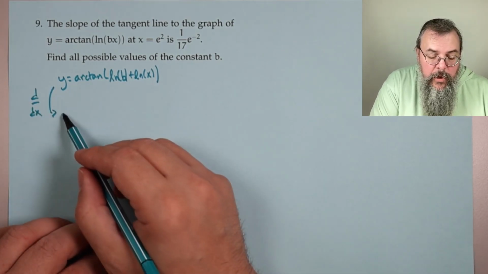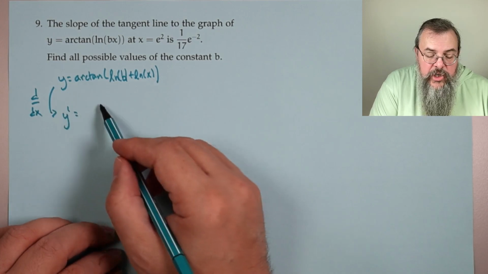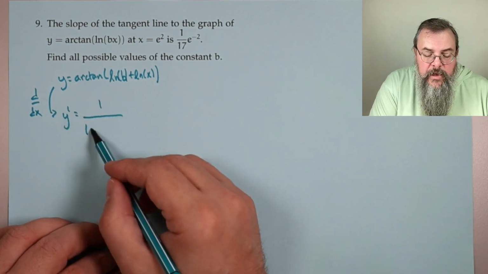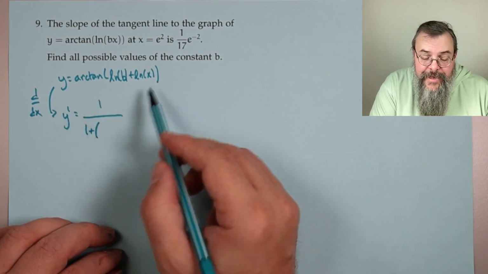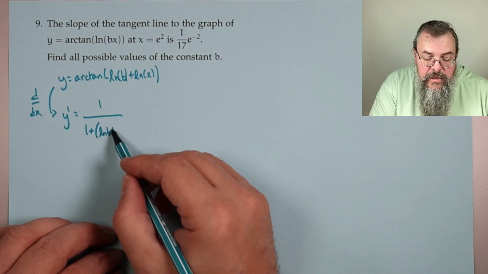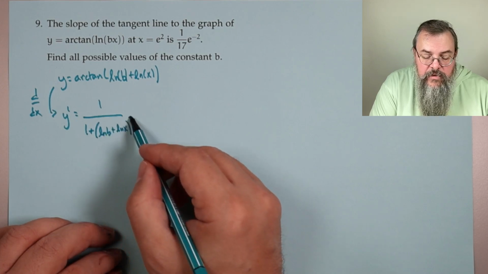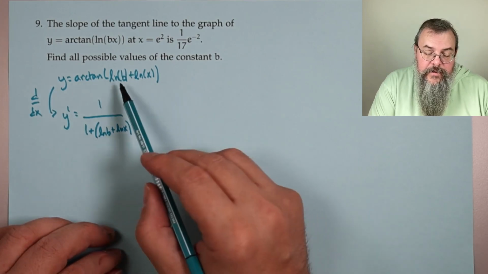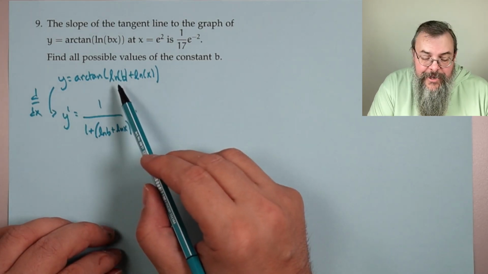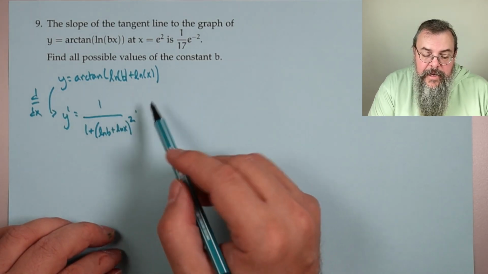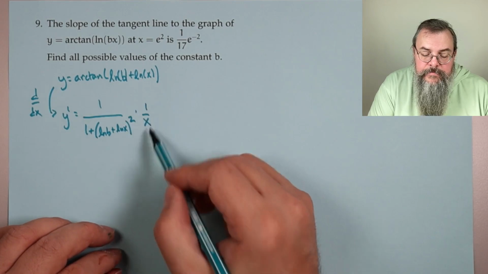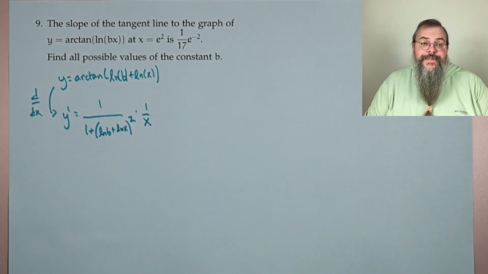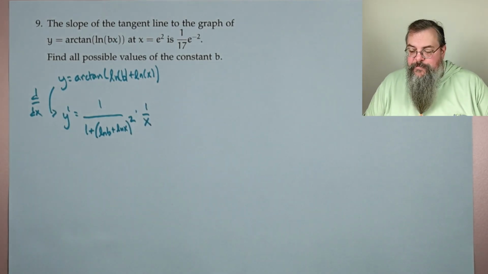We'll have y prime. For arctangent, it's 1 over 1 plus the inside, log b plus log x squared, times the derivative of the inside. Well, derivative of log b is 0 because it's a constant, and derivative of log x is 1 over x. All right, so now we know what the derivative looks like.